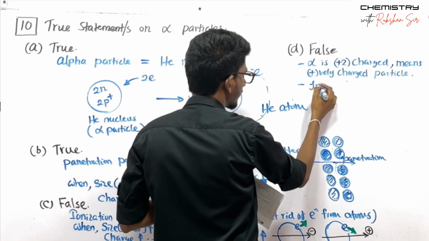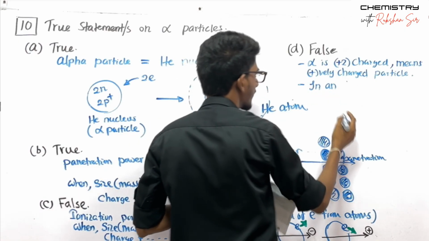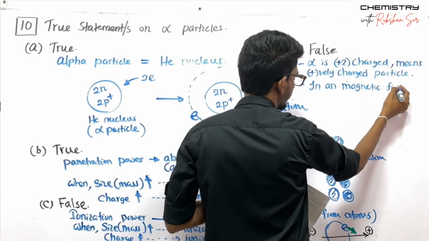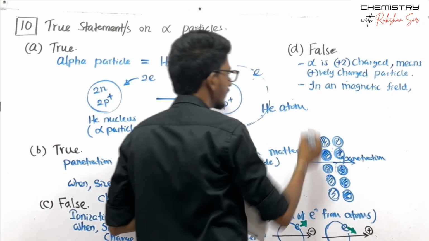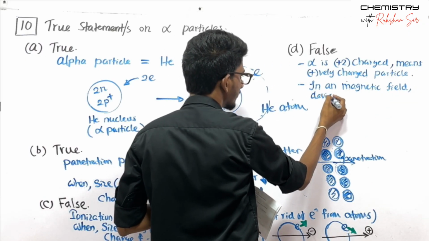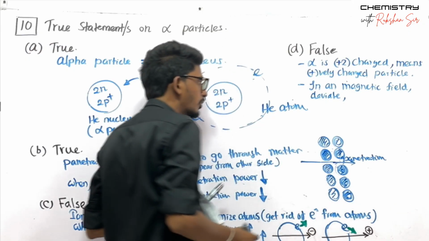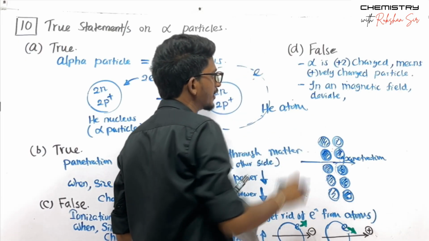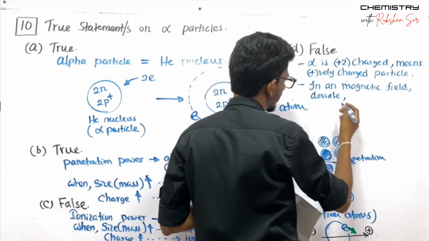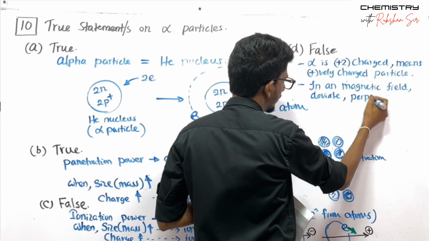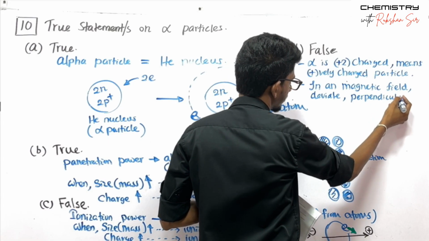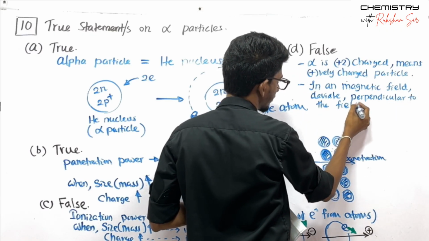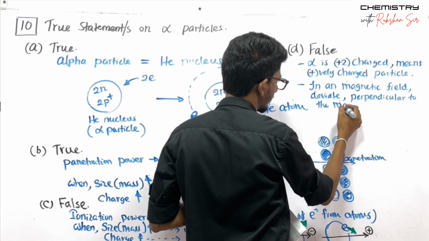So in a magnetic field, it will deviate, not towards any of the poles, but perpendicular to the magnetic field.